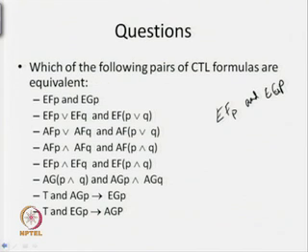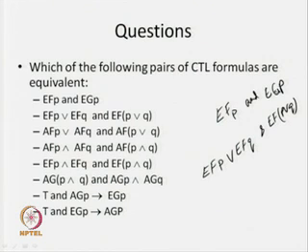Now, look at the second formula. We are talking about EFP or EFQ, and EF(P or Q). In this particular case, I am saying that there exists a path in the future where P holds, or there exists a path in the future where Q holds.